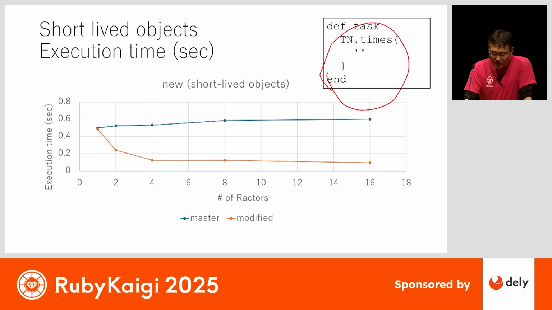On the x-axis is the number of Ractors, and the y-axis is execution time in seconds, so lower is better. The blue line shows the current Ruby master, and the orange line is the local GC version. You can clearly see that with more Ractors, our version scales better.